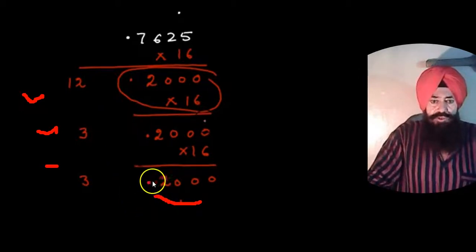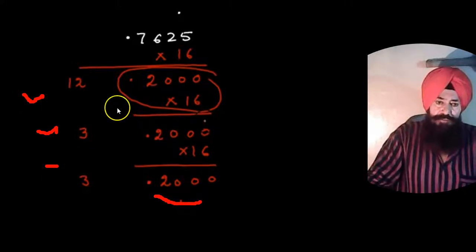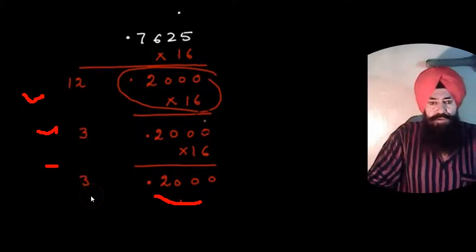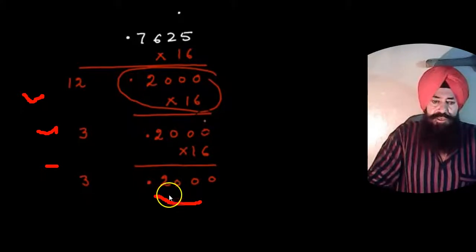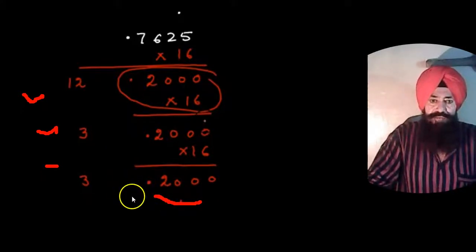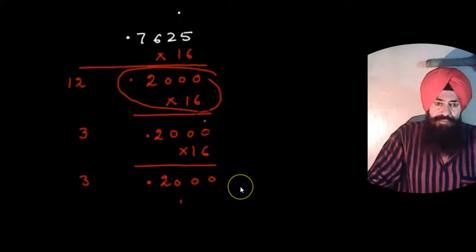So if you don't get 000, you can stop the calculations after 5 or 6 places. The more places you use, the more accurate the result will be. Okay, this is to remember. So it is my advice that you go at least 5 to 6 places if you don't get 000 at the end. Right?